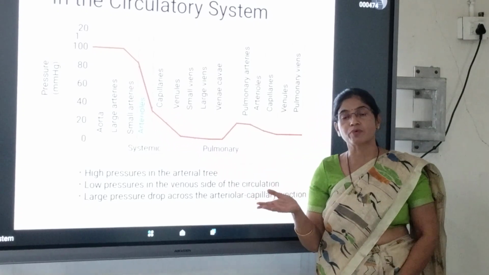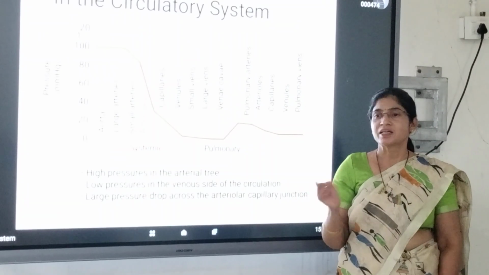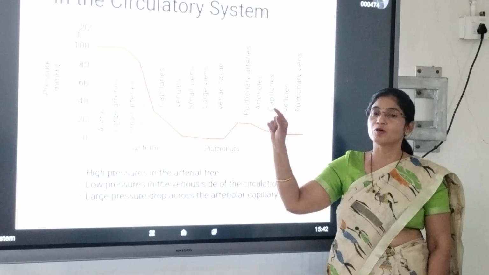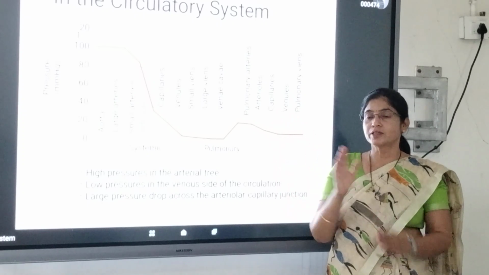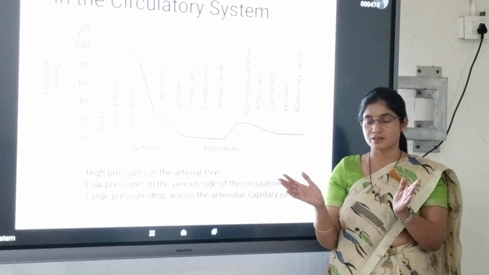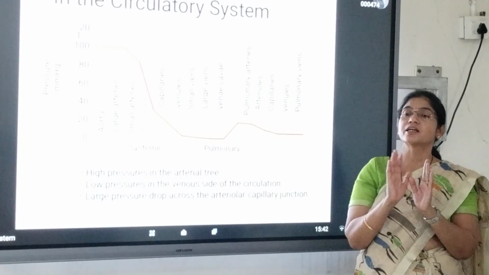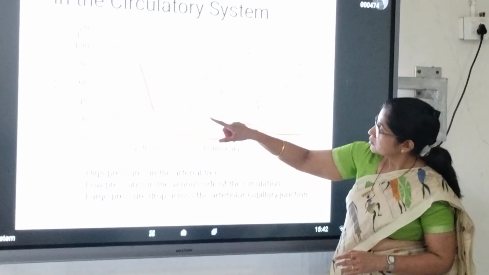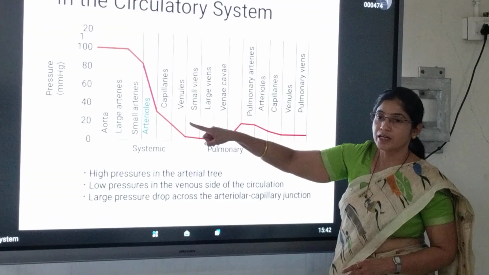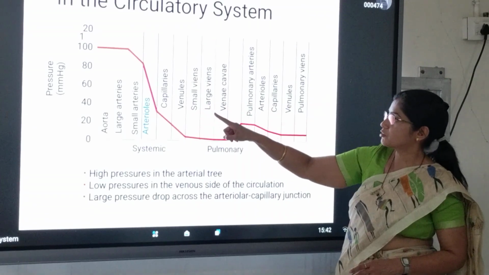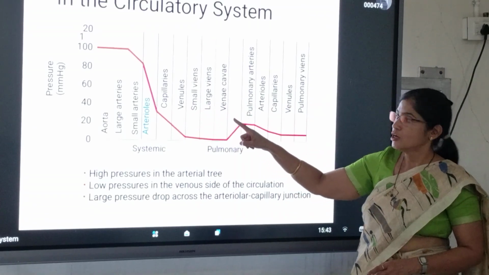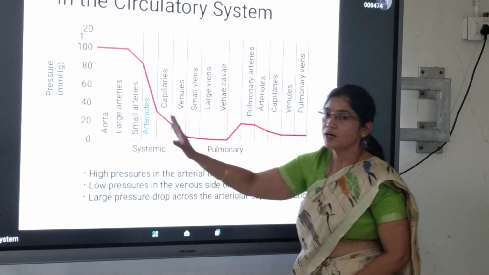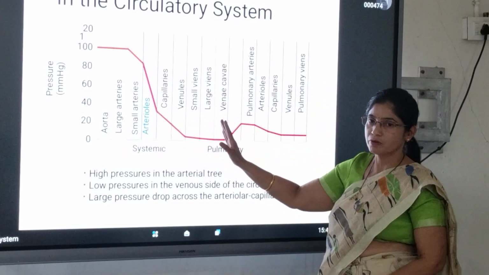What is the main function of capillaries? It is a very thin blood vessel, just a simple endothelial lining. It is for the exchange of substances. All the substances are exchanged at the level of capillaries, and then from the capillaries the venules start, then the small veins, large veins, and blood drains into the veins. So pressure decreases as you go from the aorta to the venous system.